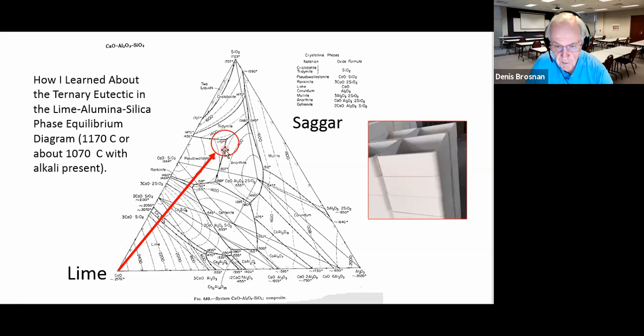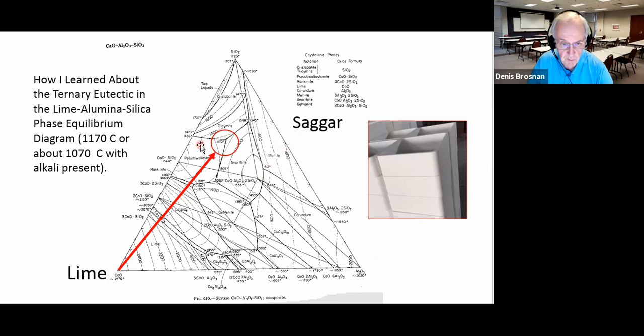The lowest melting eutectic is going to happen over here at about 1170 degrees Celsius. It doesn't matter what the refractory composition was. It was probably around here somewhere. But remember, the first liquid that forms is going to be at the lowest melting eutectic in the system, even though that might be off the overall composition of the refractory and the direction of lime to the refractory. You're going to get that one right there.